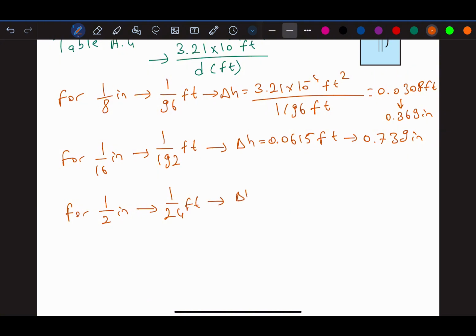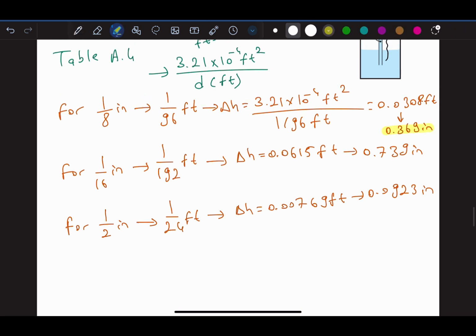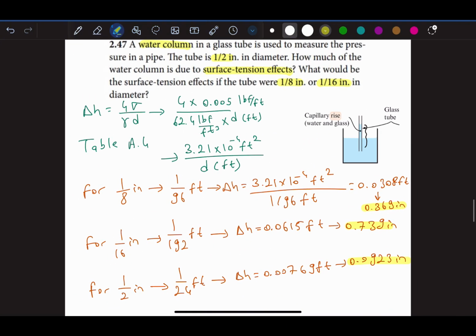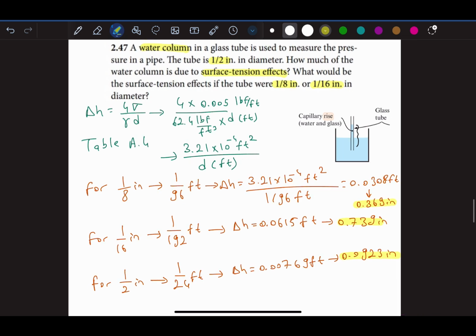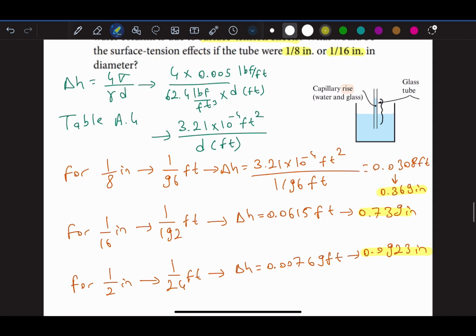And from here, delta H will be 0.00769 feet, which is equal to 0.093 inch. So we have all of the values we need. So basically, the surface tension is making this impact, and we can see these values of water columns in each different tubes.